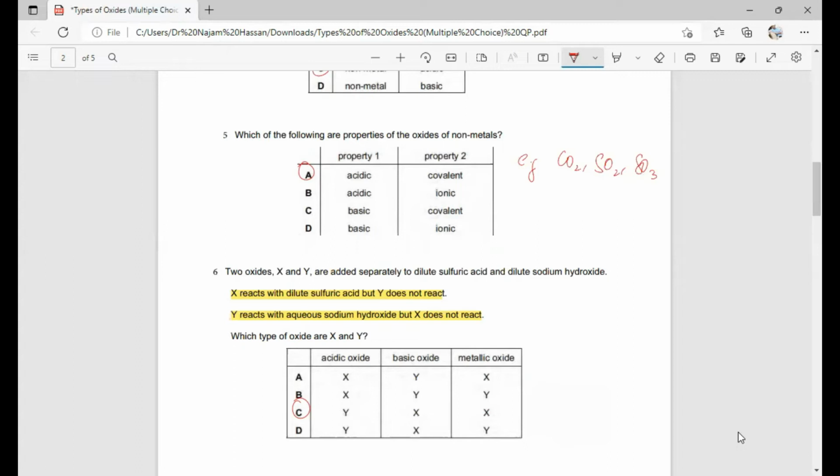That means Y is acidic in nature, right? So which type of oxides are X and Y? Y is acidic, X is basic, and the metallic oxide is X because metallic oxides are basic in nature, having pH greater than 7.